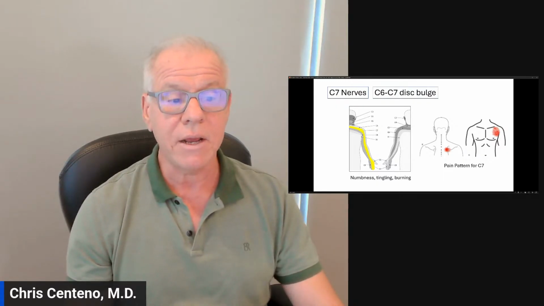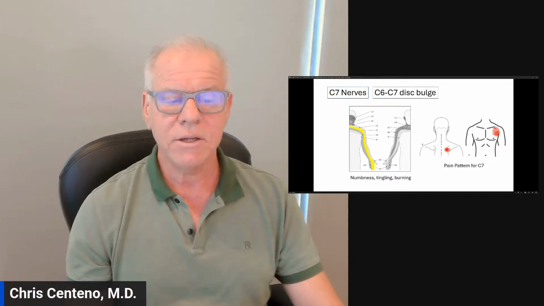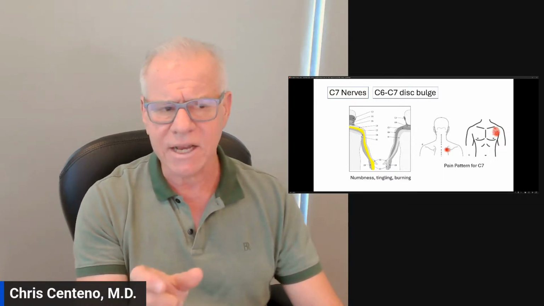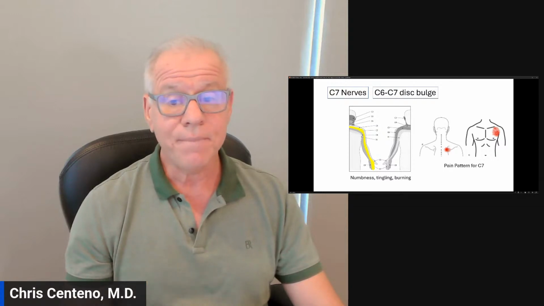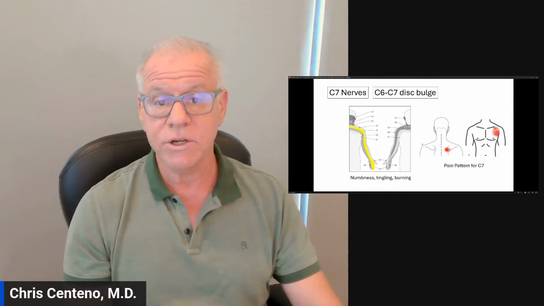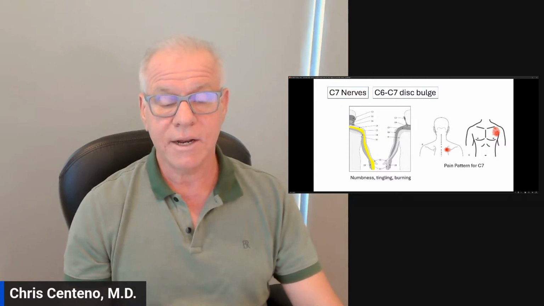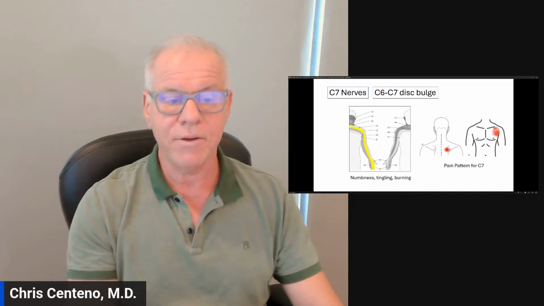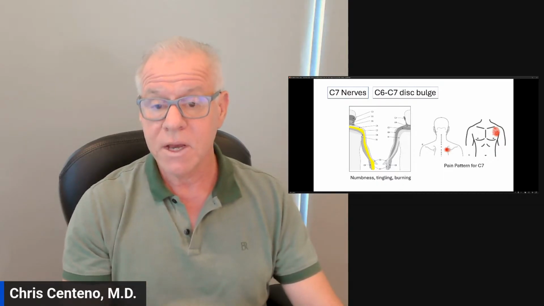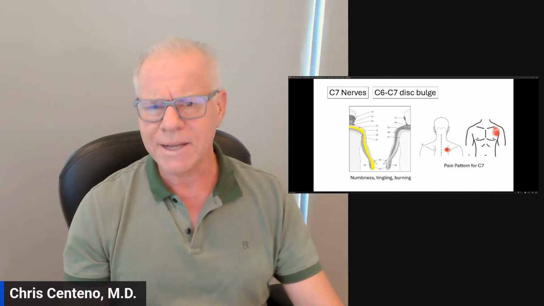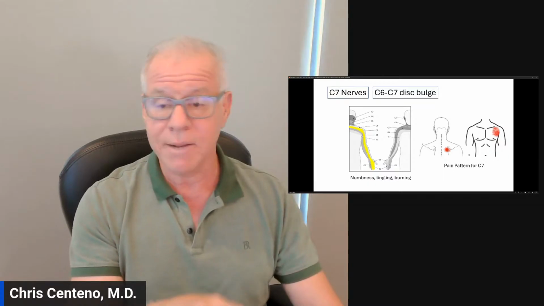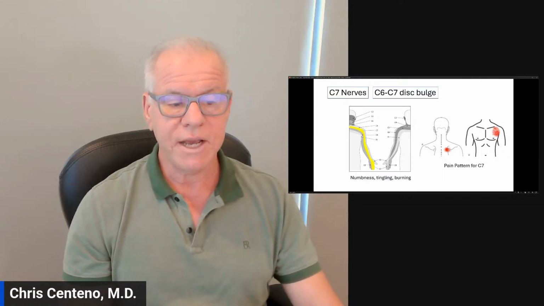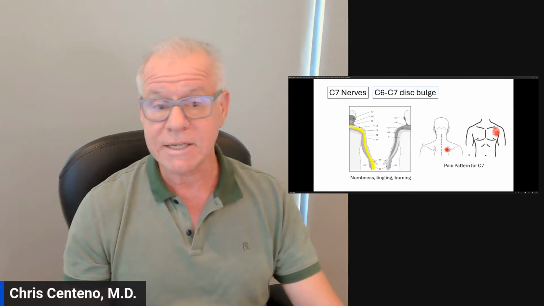The pain pattern here, we're looking at still kind of scapula, almost looks like it's upper thoracic. And I got to tell you, having had a 6-7 disc bulge, I was 100% convinced based on this pain pattern that I had some sort of shoulder problem. I knew my neck was a little messed up, but this is where I was getting my pain, what you see here for the pain pattern at C7.